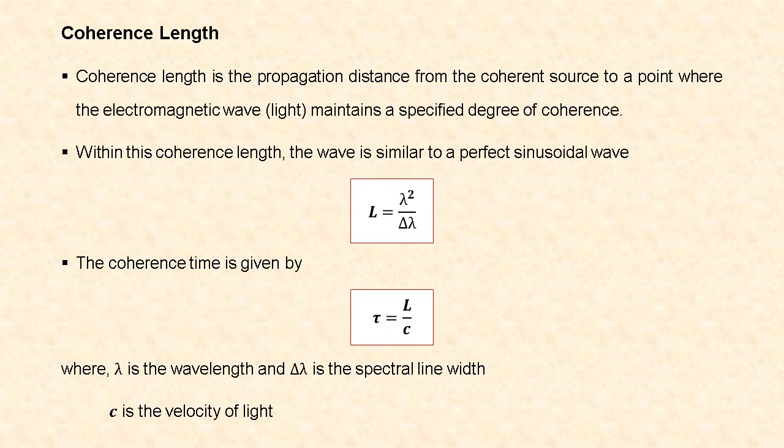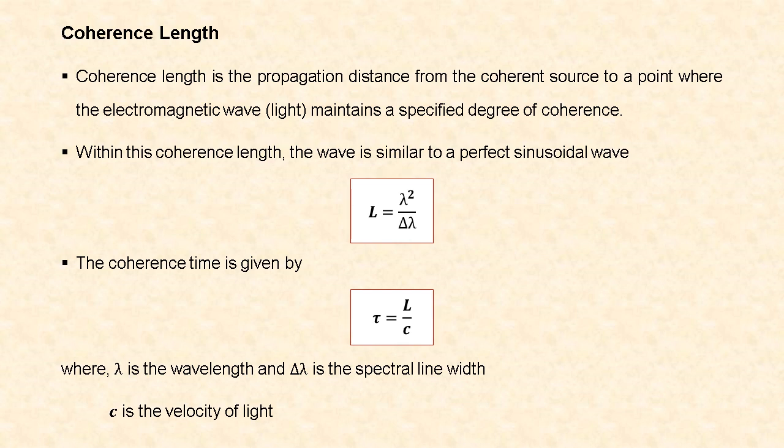Next, coherence length. It is the propagation distance from the coherent source to a point where the electromagnetic wave, that is the light, maintains a specified degree of coherence. Within this coherence length, the electromagnetic wave is similar to a perfect sinusoidal wave.